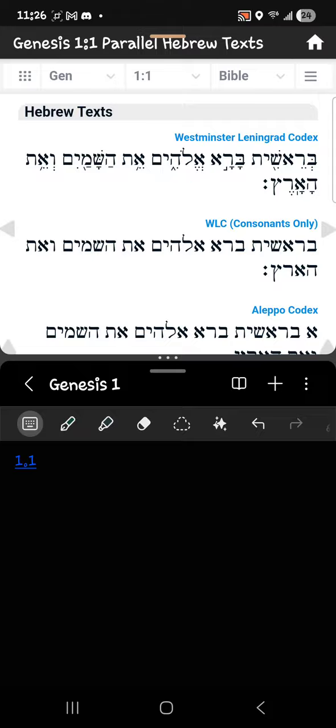That doesn't really matter to me. So I tend to use this one, the consonants only. Why? Because ancient Hebrew, I call it Aber, because the letters for Hebrew are Ayin, Bayith, Ra'ash, Aber, or Iber. Depends on how you want to say it.